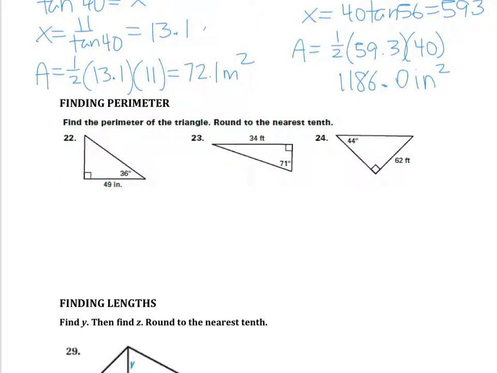Okay, and finding the perimeter, first thing you're going to do is find the missing leg. So we'll call it x. And then you'll find the hypotenuse by using the Pythagorean theorem. This is opposite and adjacent, so x over 49 is in the numerator.